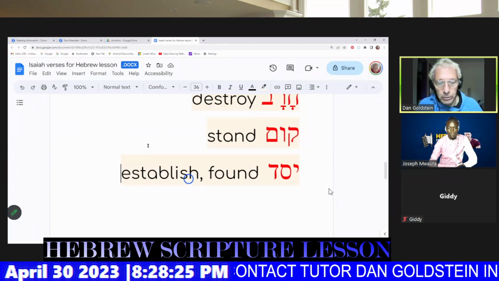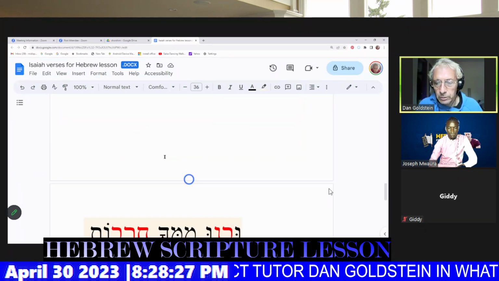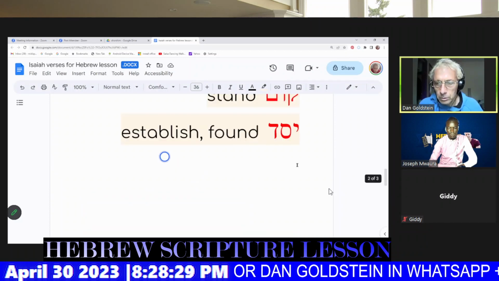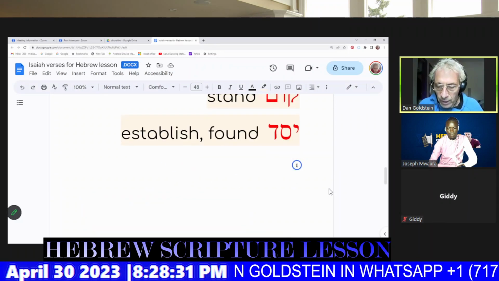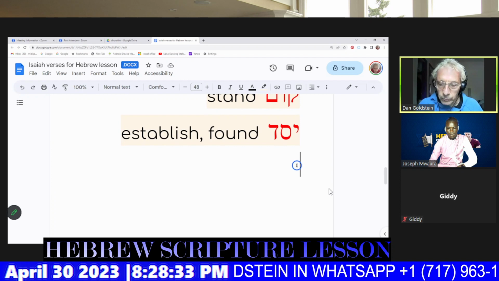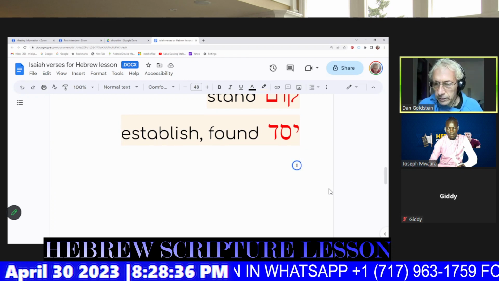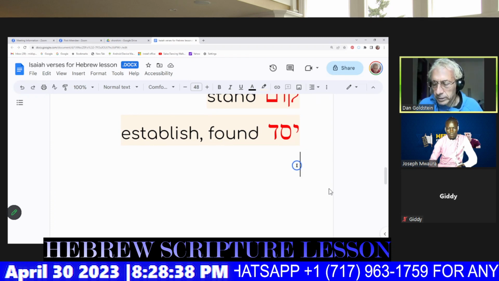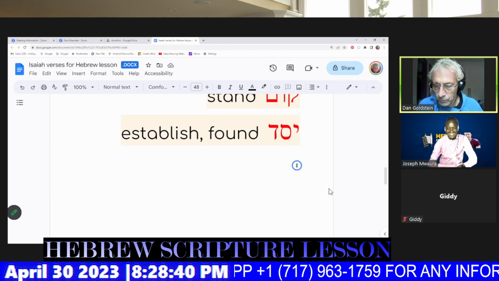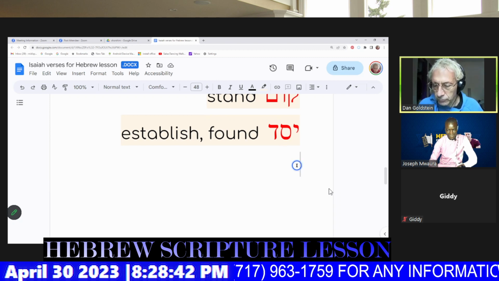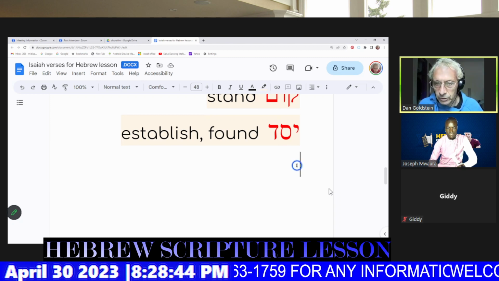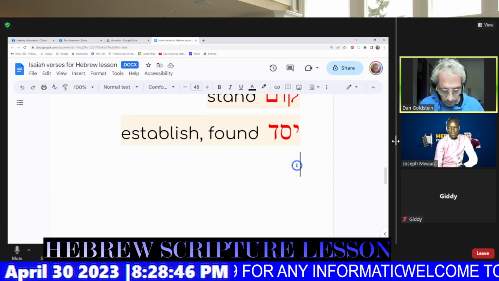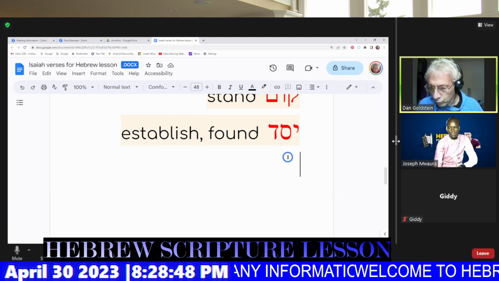Dor, which means generation. So we have our father's generation, we have our grandfather's generation, and then Joseph, you and Gideon are the new generation, the next generation, the last generation. And that word in Hebrew is dor, generation.